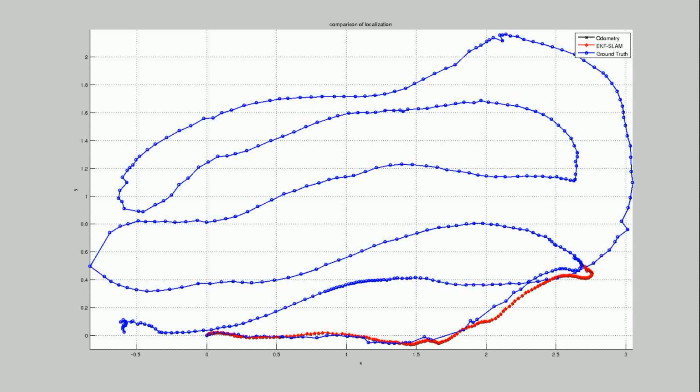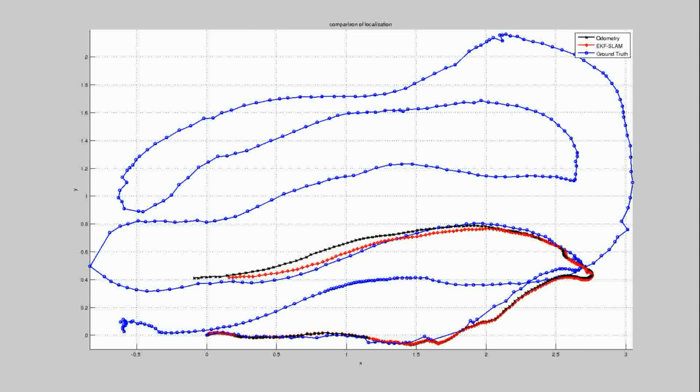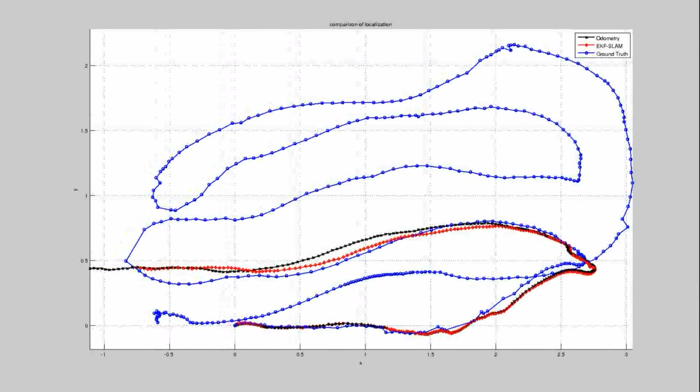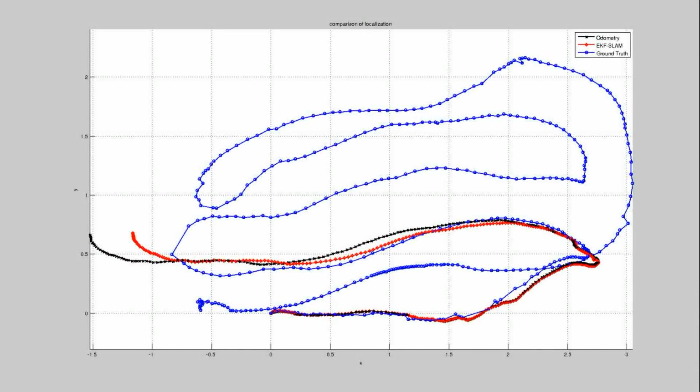And at this point, we found the loop closing between this state, and it's correcting. And now they're going different ways. So you see the odometry goes far away, and we will find the loop closing in several seconds again.